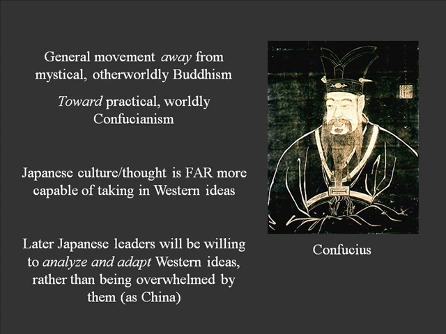So in the late 1800s, early 1900s, Japan makes the transition into a more westernized state, a more industrialized state. And China does not. And you will see when we get to the late 1800s a stark difference in the realities of worldly power between Japan and China.